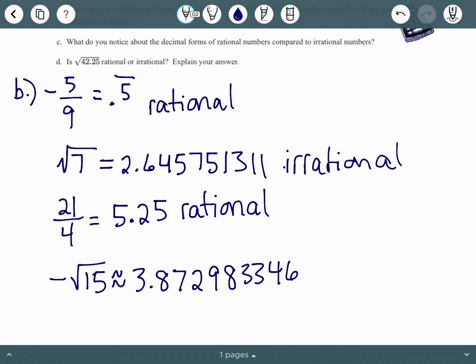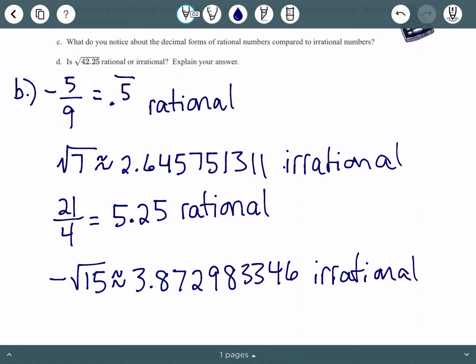That is where my calculator screen maxes out of digits. So if we look at these numbers that come after the decimal point, you'll notice again that we don't have any real pattern here. Nothing is repeating, so this is an irrational number. And I'm actually going to go back to the square root of 7 and change that to an approximately sign since it's not exact.